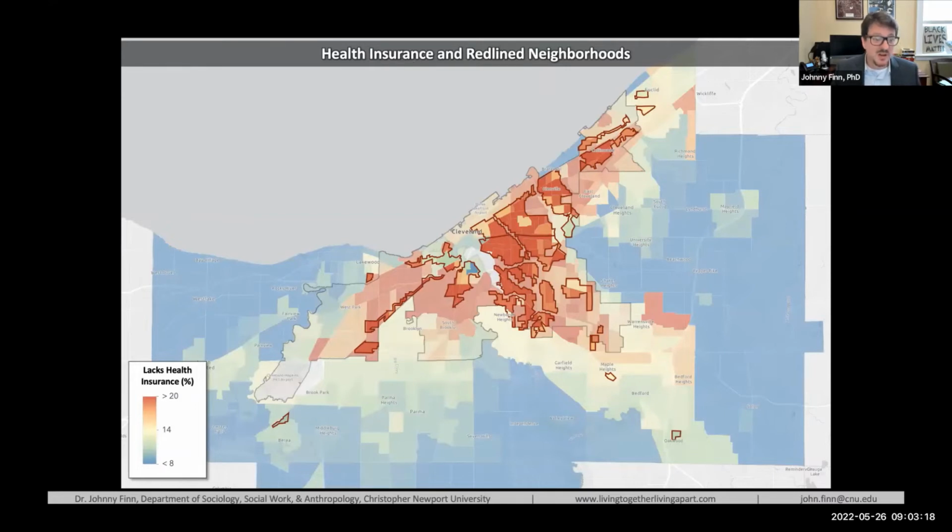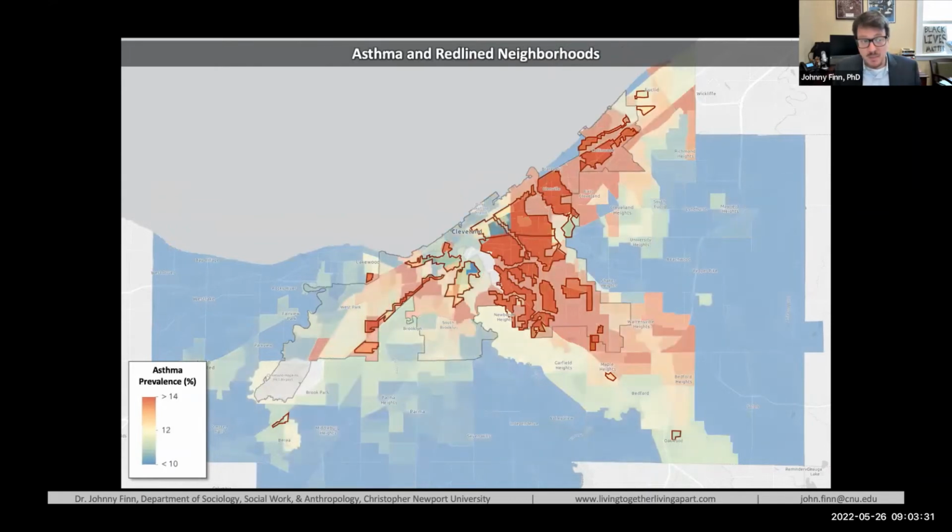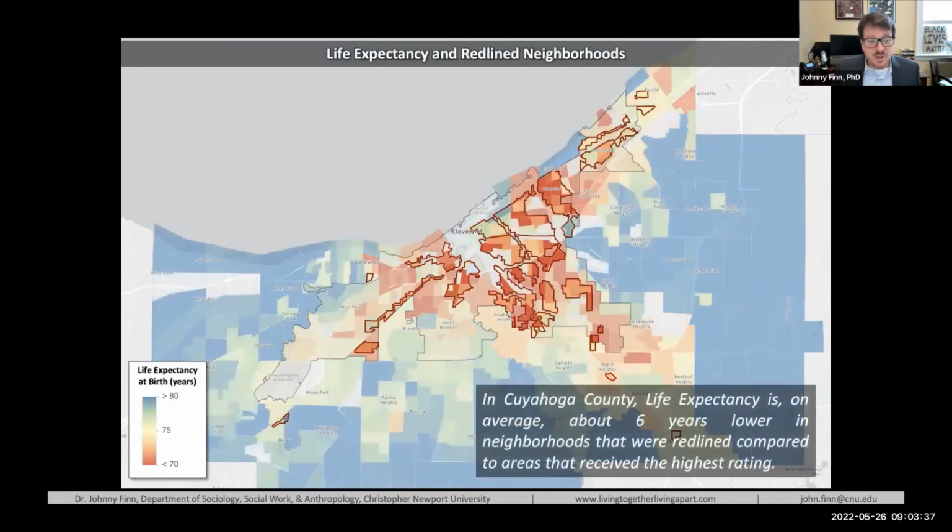It is the same population that is more likely to be in poverty, the same population that lives in neighborhoods that are hotter on the summer afternoon, more likely the same population that's in closer proximity to interstate highways. This is the same population that has heightened asthma rates. And when you get right down to it, this is the same population that has a significantly lower life expectancy.